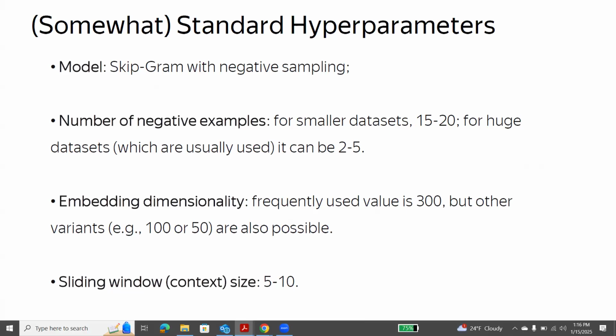People tried to use 1000 length for embeddings because they thought that maybe more parameters would provide a better result. But after a lot of trials, they came up with 300 as the optimal size for embeddings. And the sliding window is about 5-10 words from each side.